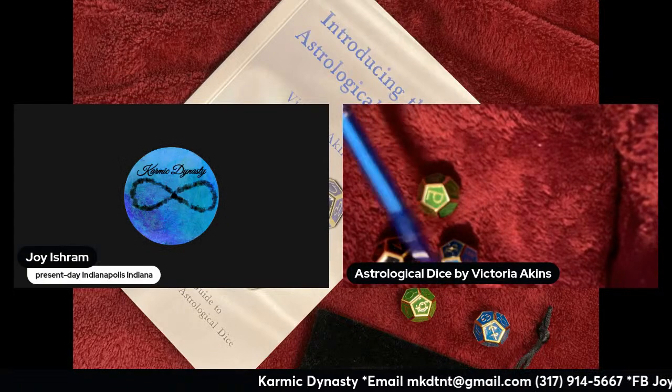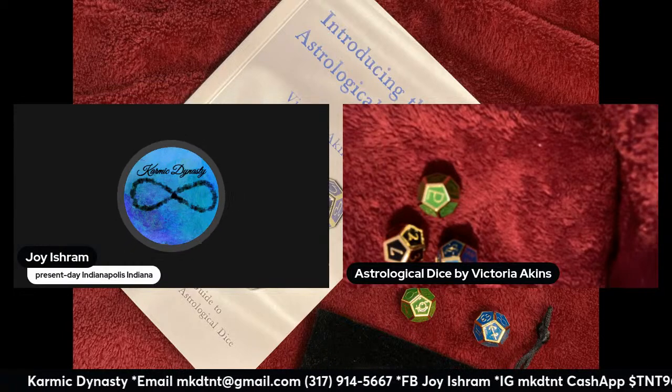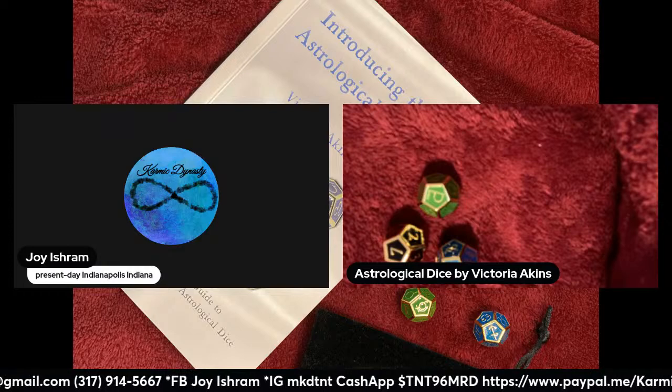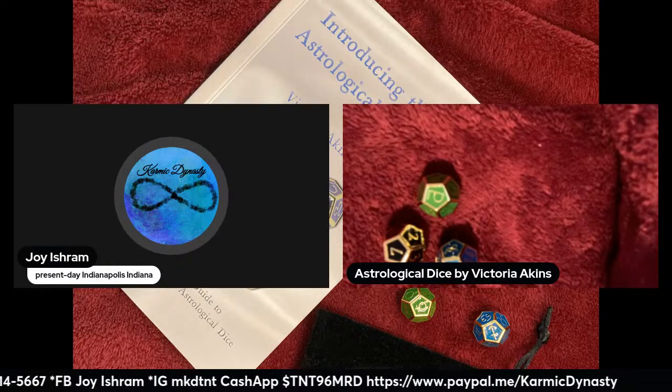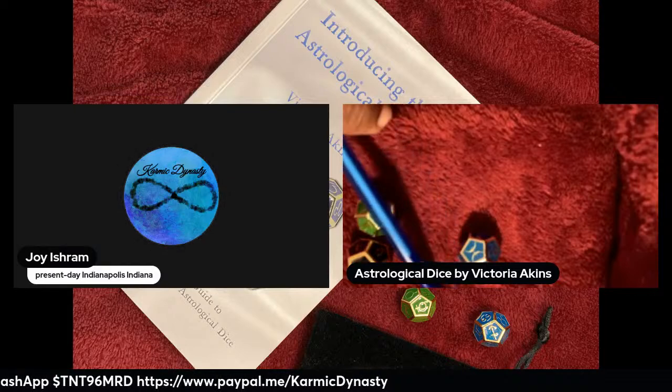Okay. And so next is the Zodiac die. It has the Zodiac symbols, and there are 12 of those. Here, the blue one.